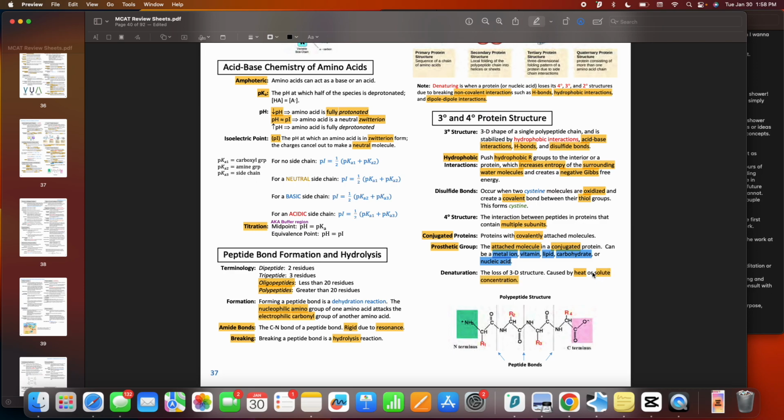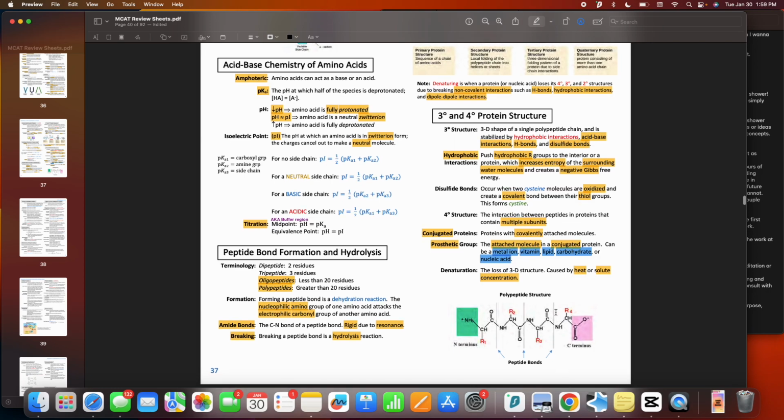So like acid base probably. And this is the polypeptide structure. These are the peptide bonds here between the nitrogen and the carbon, or also these are amide bonds. In order to break them, you need hydrolysis, and vice versa. When they form, you have dehydration.